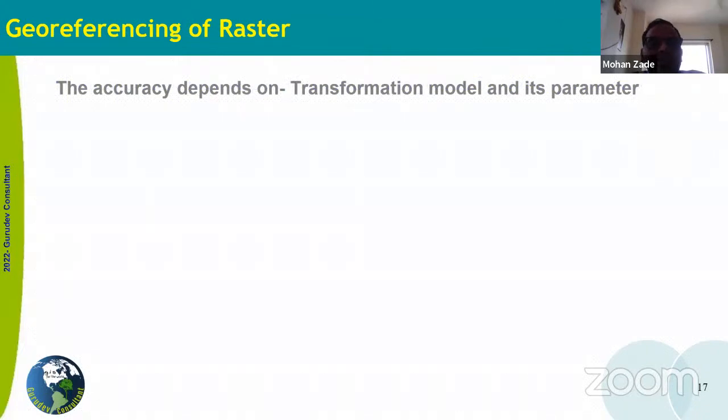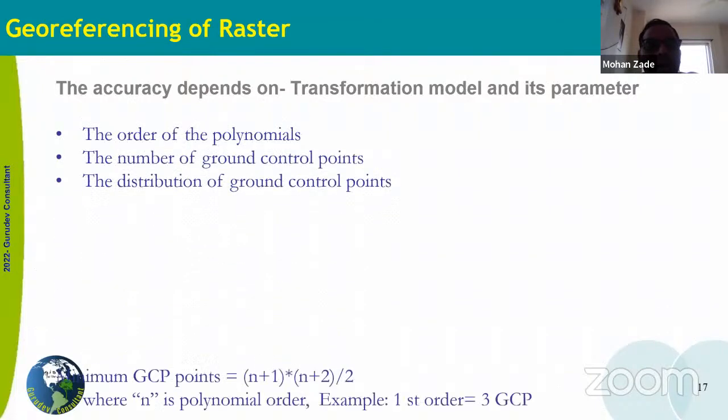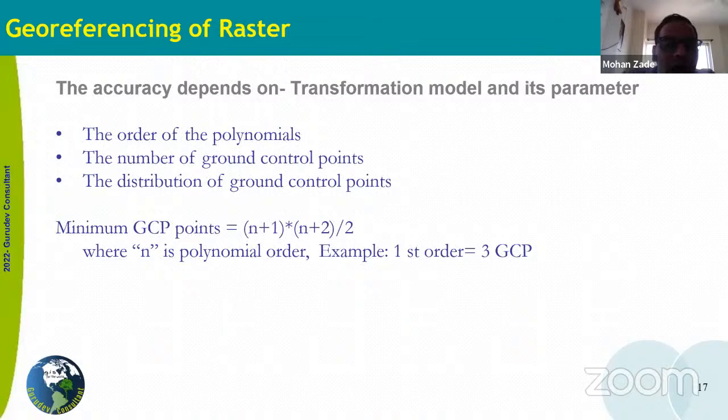Then accuracy depends. Once you do the rectification, how accurate are your images? To check your accuracy, there are different transformation models available, and these generally measure the accuracy in terms of root mean square error, or RMSE, using different polynomial equations.